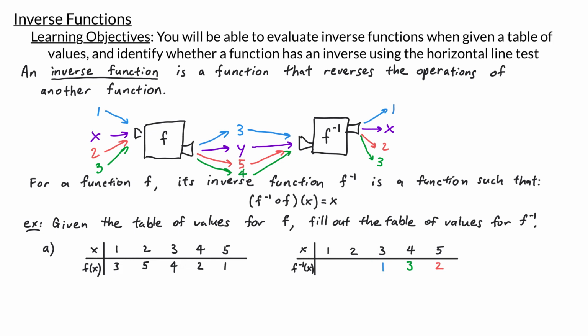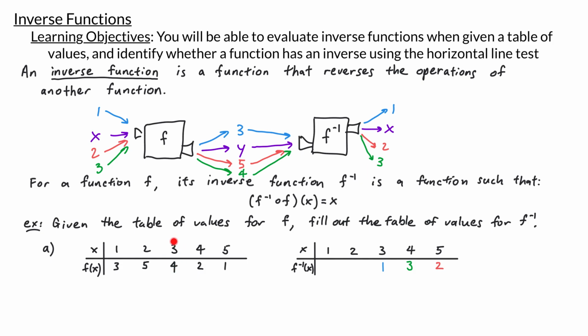So (3, 1) is a point on the graph of my inverse function. Next, if we look at this entry on my table for f, we see that we have a point (2, 5) on the graph of f. Now for my inverse function, we have this entry, which corresponds to the point (5, 2), which will be a point on the graph of f inverse.